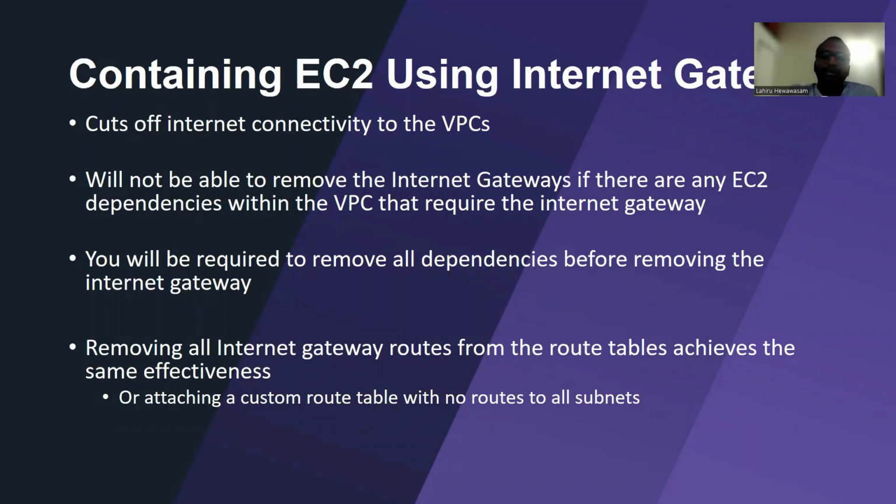What we do is we keep it alive so that we can perform forensics analysis. That's very important. So in order to achieve the same effectiveness with an internet gateway, you can take off all the route table rules or routes that are associated with the internet gateway. So that effectively cuts off all the internet access to the VPC, right?